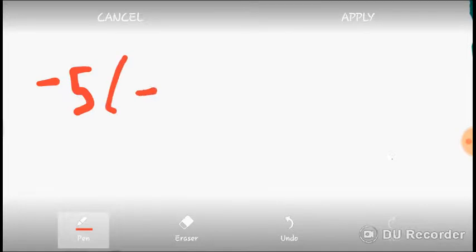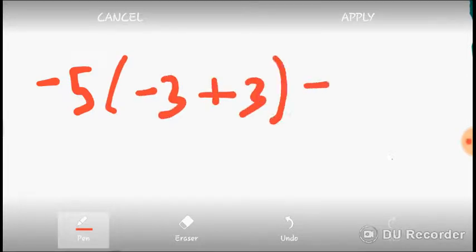Let us suppose minus 5 into (minus 3 plus 3). Let us try to solve this problem. Now we know that minus 3 plus 3 will give 0, because minus 3 is the additive inverse of 3, or vice versa, 3 is the additive inverse of minus 3.